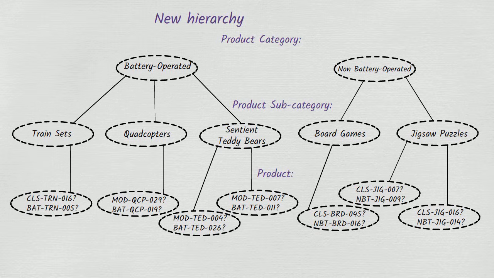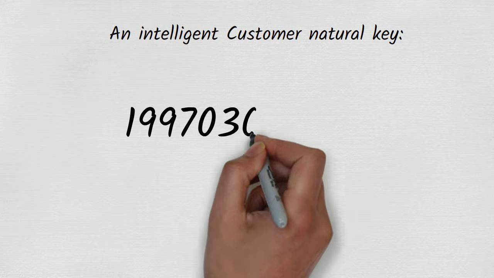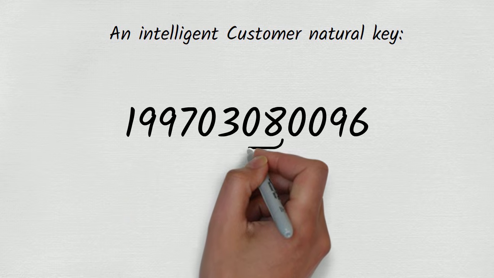None of this means that there should be a blanket ban on intelligent keys, but it does mean care needs to be taken when devising and using them. Intelligent keys work best when the components that make up the key value really are essential to its identity. For example, we might imagine an intelligent customer natural key that's made up of the customer's date of birth followed by a sequence number, for example, 1997-0308-0096.